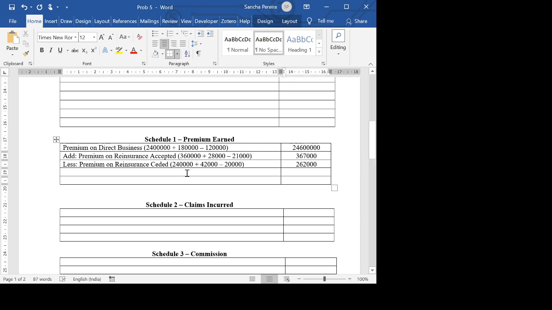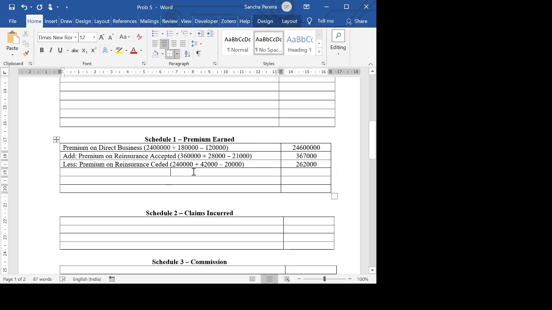Normally we call this premium earned, in brackets net. So the amount here is 25 lakhs 65,000.